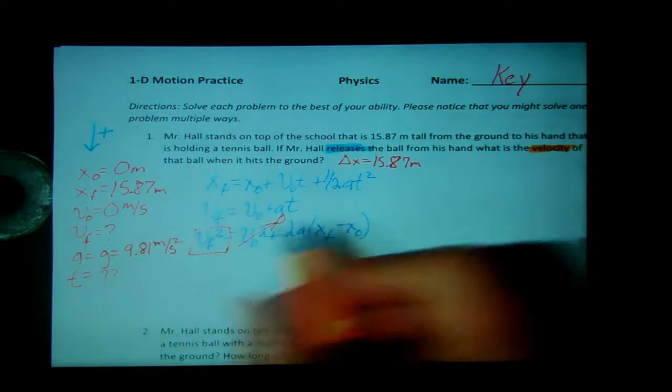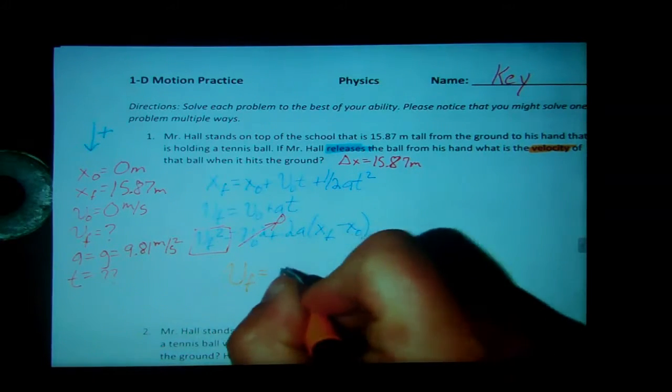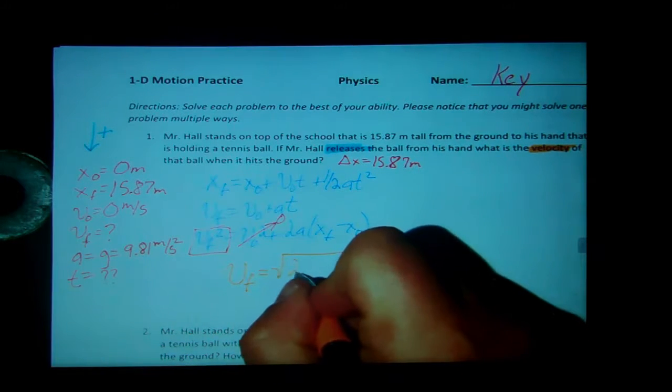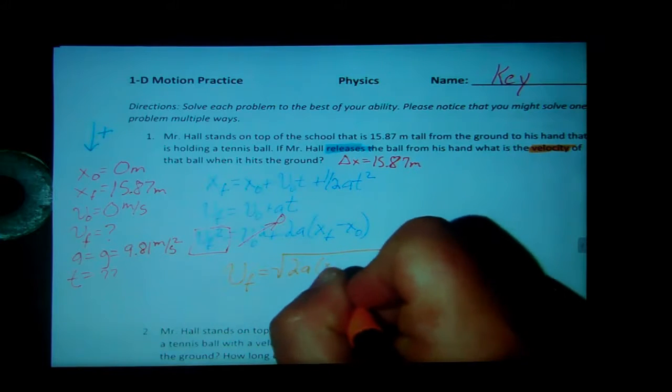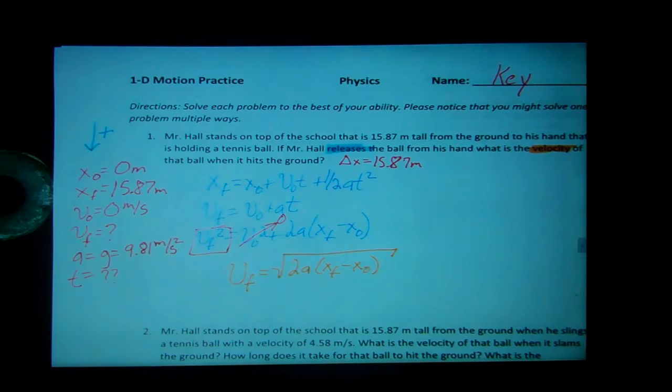Okay, and I'm going to jump here. Final velocity is equal to the square root of 2 times acceleration times final position minus initial position.